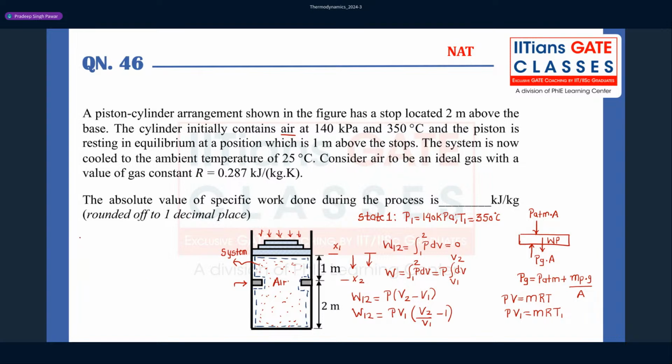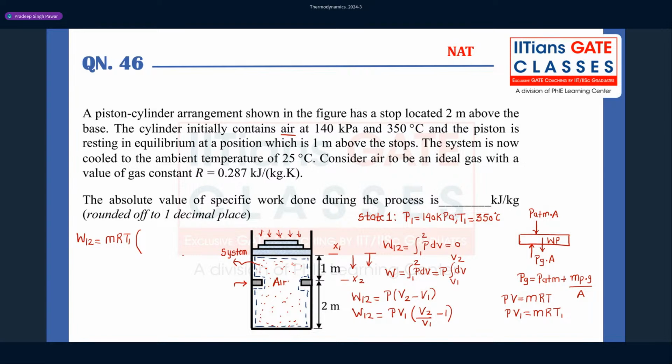So the work done will become mRT1 times (v2 by v1 minus 1). If I want to find the volume here in total, for the time being we neglect the volume of the stops.